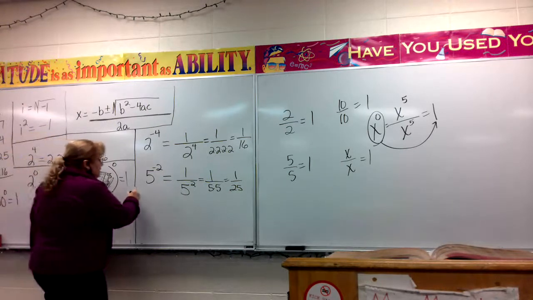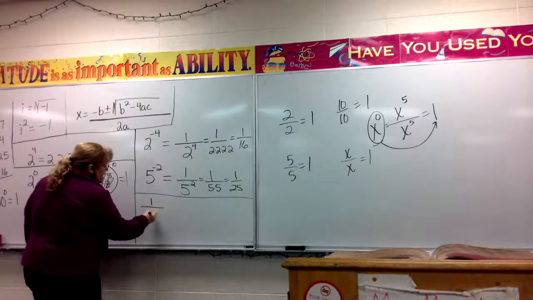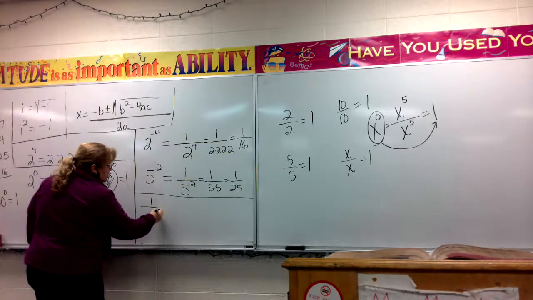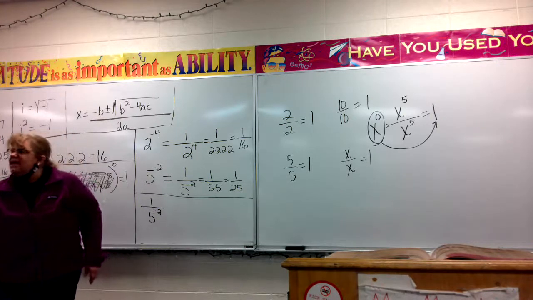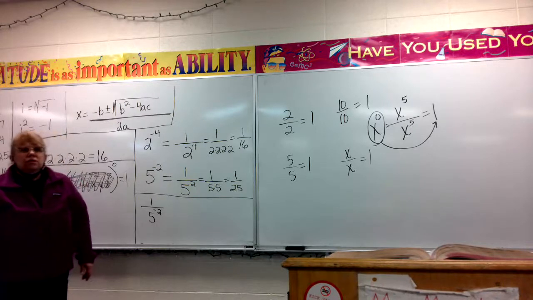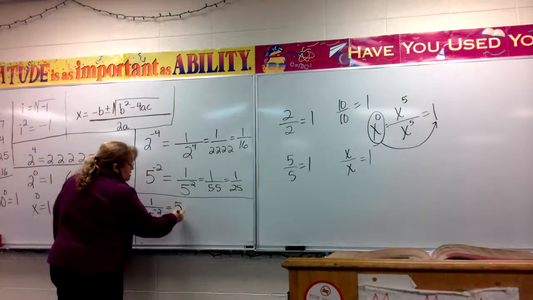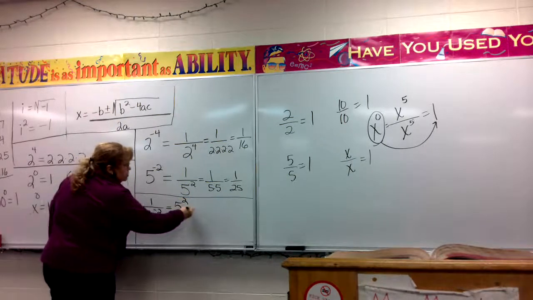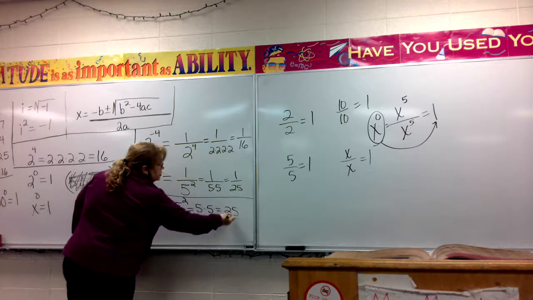I have one more thing for you. What if I start off with this? What if the negative 2 exponent is in the denominator? Then what will you do? Yeah, you're going to move it up to the numerator and make it 5 to the positive 2, which is 5 times 5, which is 25.